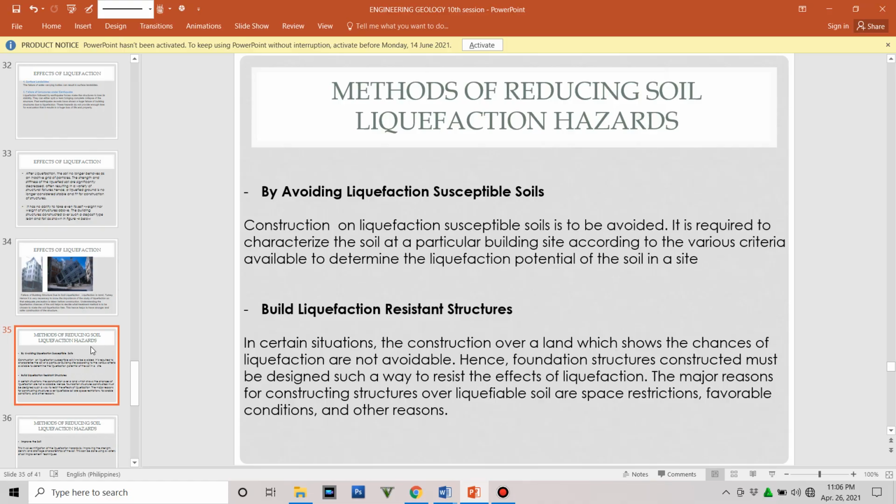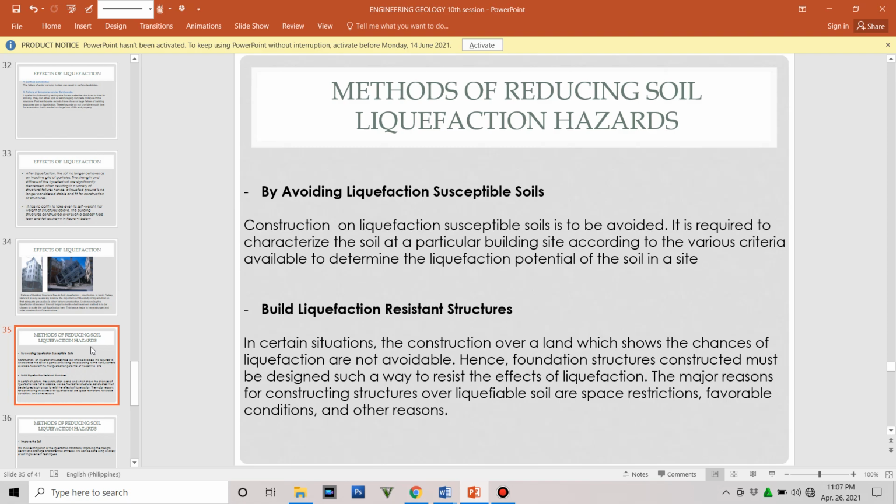So second we can do is build liquefaction resistant structures. In certain situations, the construction over a land which shows the chances of liquefaction is not avoidable. Hence, foundation structures constructed must be designed in such a way as to resist the effects of liquefaction. The major reasons for constructing structures over liquefiable soil are space restrictions, favorable conditions, and other reasons.